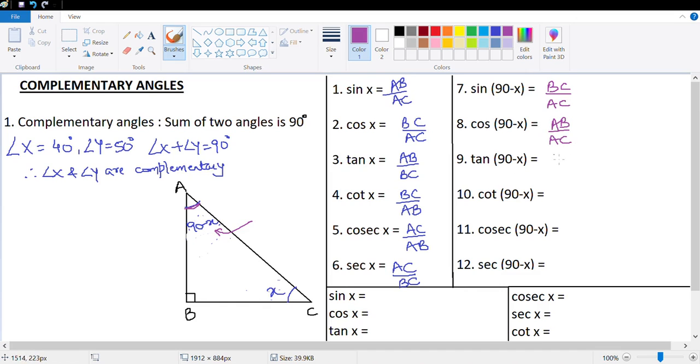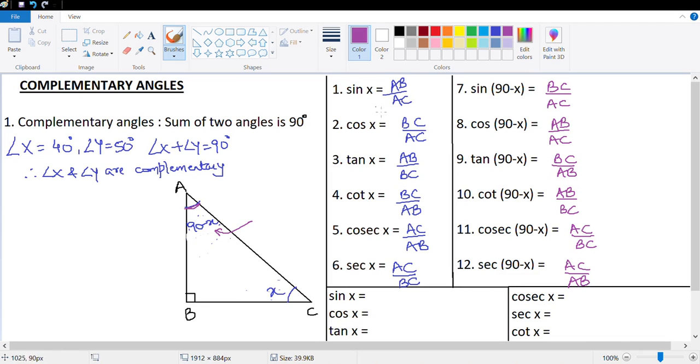For tan, perpendicular is BC and the base is AB. Cot is reciprocal of tan, so this is AB upon BC. Cosec is reciprocal of sine, which means AC upon BC. And sec is reciprocal of cos, which means AC upon AB.